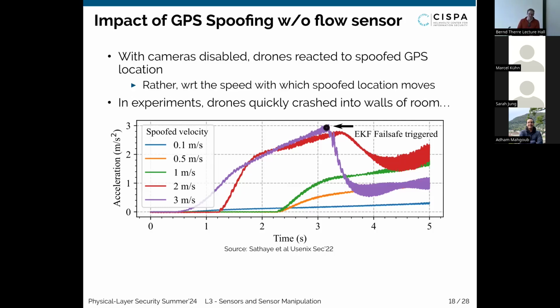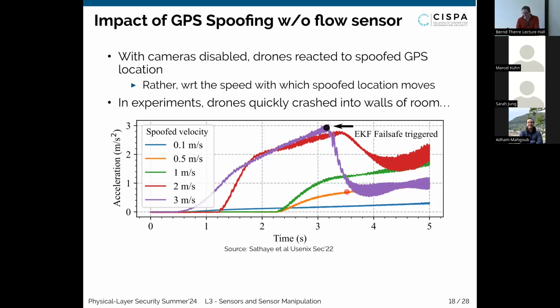It's not a static location that is being spoofed, it's a location that is moving. So this is why it's spoof velocity. The drone will think it's actually moving with a certain speed in a certain direction. So this is of course already a more advanced scenario.